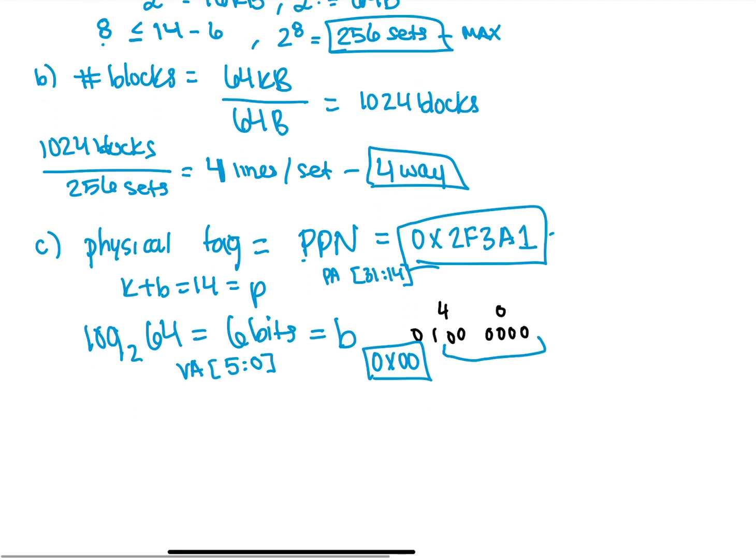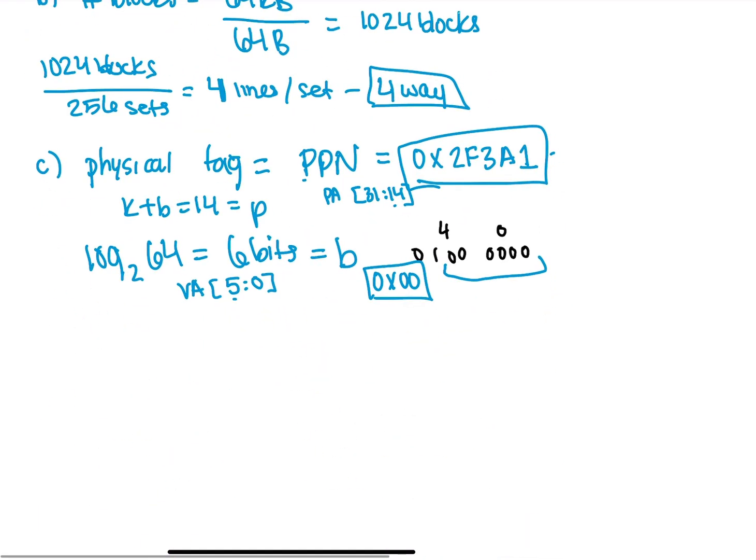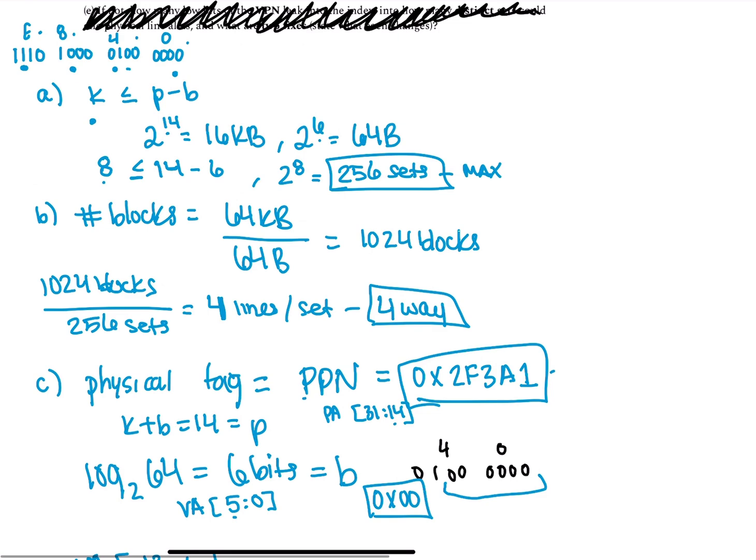If the tag starts at 14 and the block offset ends at 5, that means our set index must be VA from 6 to 13. We can look at where we left off and go all the way: 1, 2, 3, 4. This is 1 byte, 6, 7, 8. This is another.